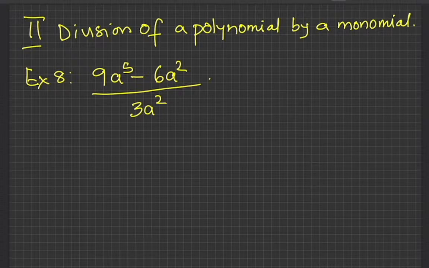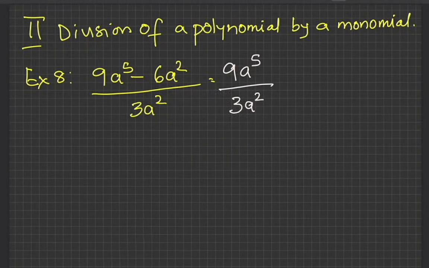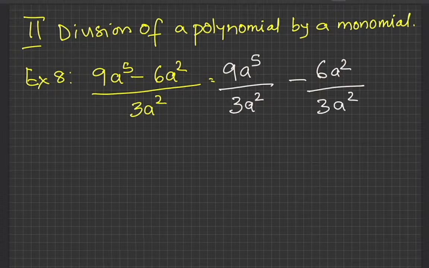So it can be written as 9a to the power 5 divided by 3a squared, and then I have a minus, right? I have a minus 6a squared divided by 3a squared, right?